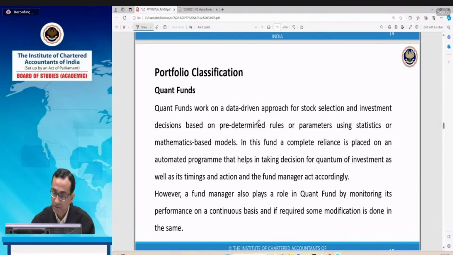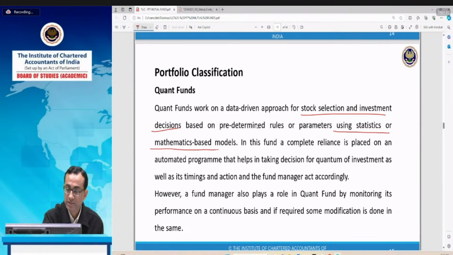The stock selection and investment decisions are based on certain parameters using statistics or mathematical models. Since these models are used in quant funds, the programs are automated and decisions are taken on the basis of whatever data has been fed earlier.